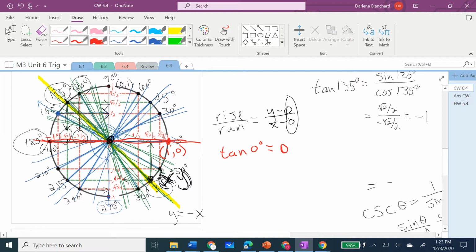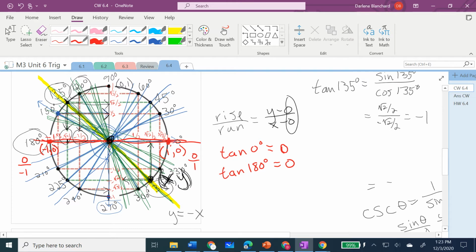And tangent is supposed to be sine over cosine. What is the tangent of 180 degrees? Also 0. And its xy coordinate is negative 1, 0. Tangent is sine over cosine.